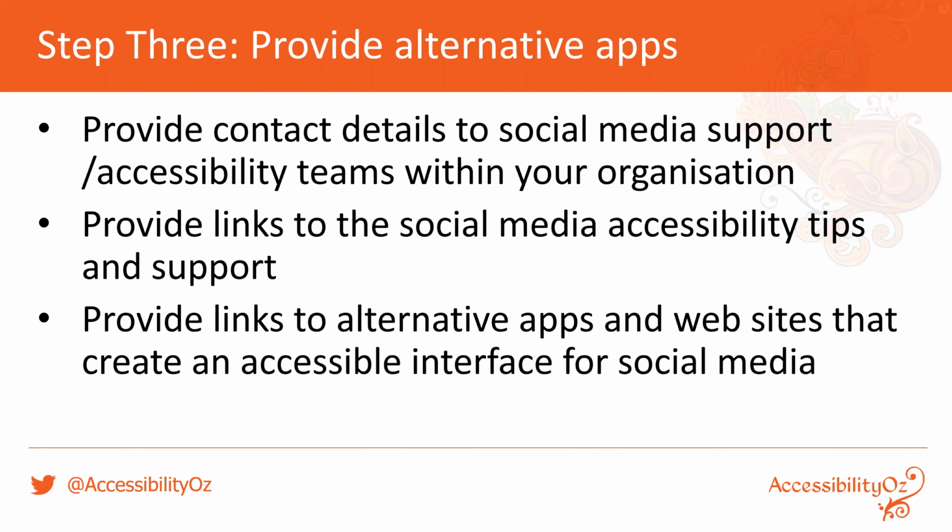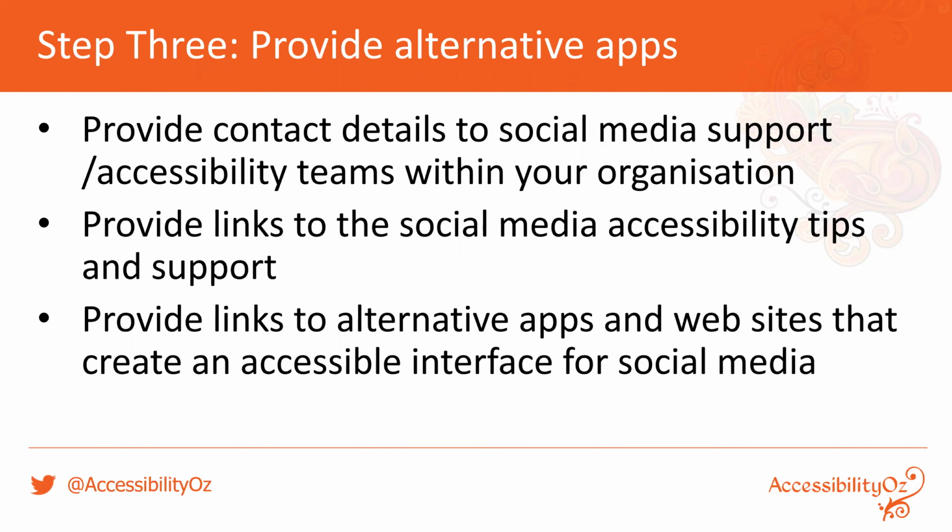Provide alternative apps. So make sure you have a social media page on your site. I don't mean just links to your social media networks, but also a page that says, about our social media. Here is our Facebook, here is our Instagram, and so on. And also have there, if you have trouble accessing this content, this is who you talk to.